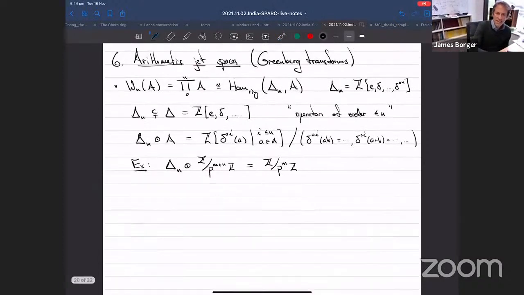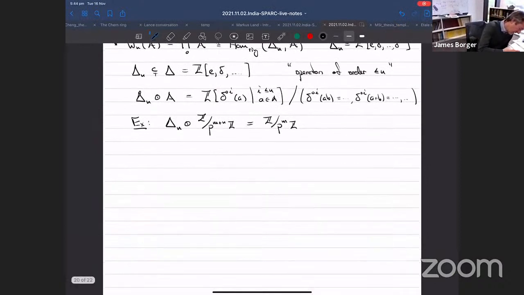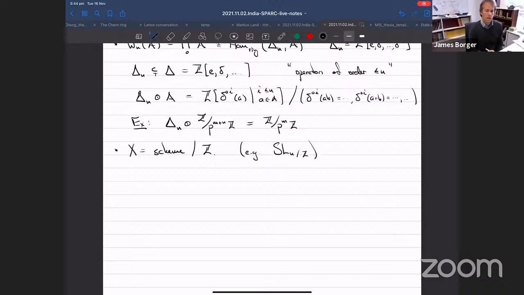Okay, so now the arithmetic jet spaces. Let X be a scheme. You should think of a scheme over the integers, just any scheme, but an affine scheme is great, or an algebraic group, e.g. SL_N over the integers. Then one can always think of a scheme as a functor by its functor of points.